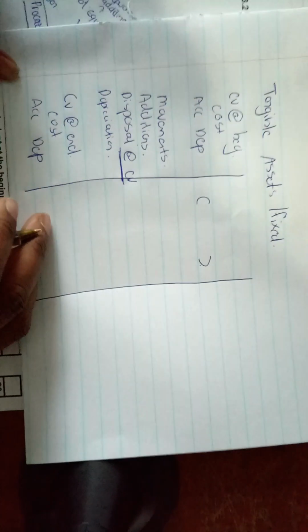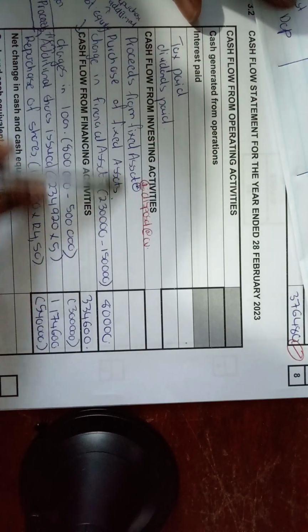Okay, now instead of trying to remember this whole thing in a linear form, all you have to do is just write down this fixed asset note somewhere at the side of your page and input the figures that you have. So let's look at the figures that we have.